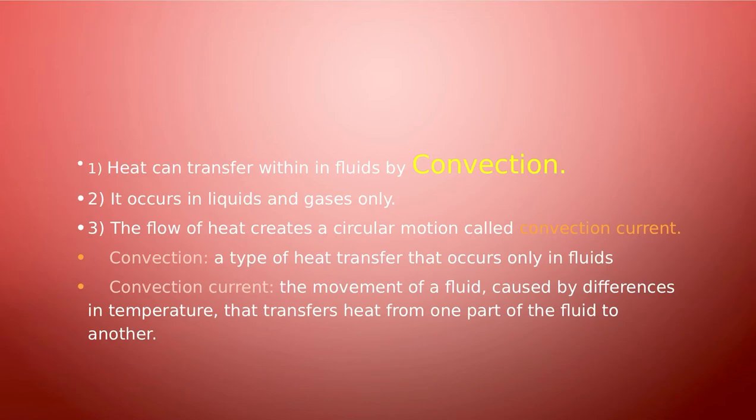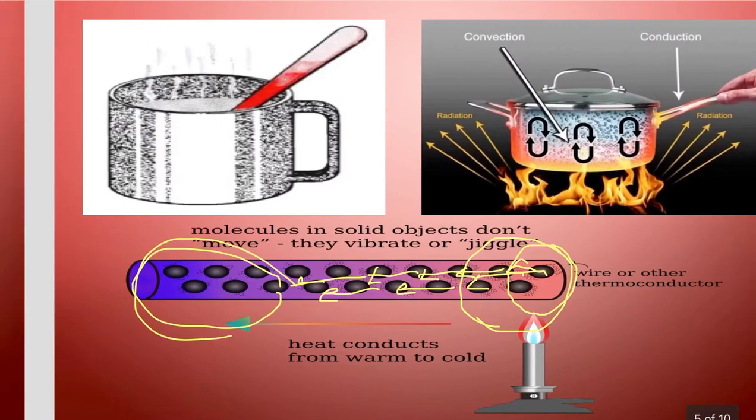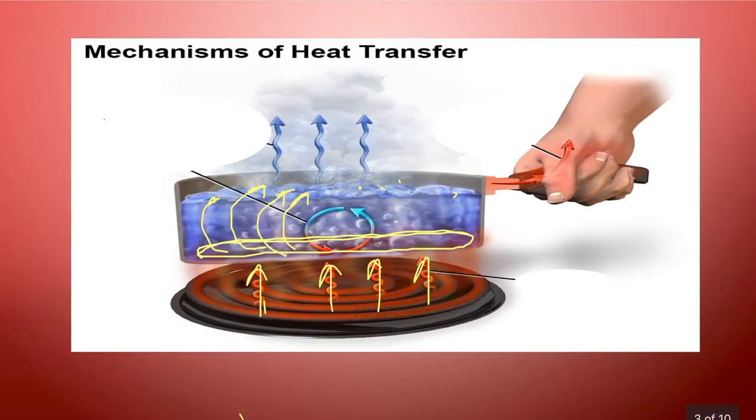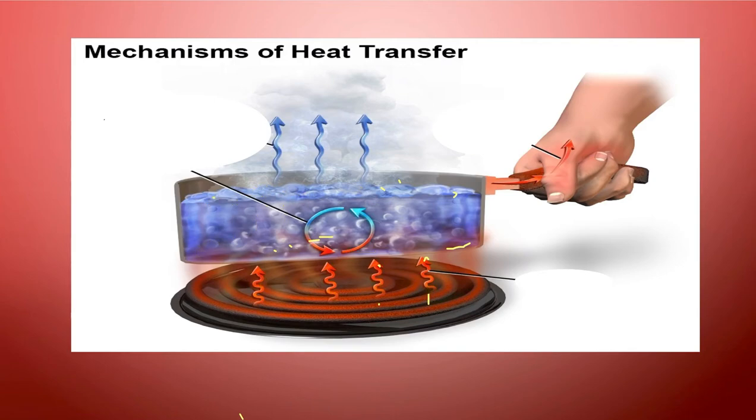What happens during convection? Let's explain on this picture. Here, my friends, the particles of water which are inside the pan, which particles would have more thermal energy? The particles at the lower part here or the particles at the higher part?